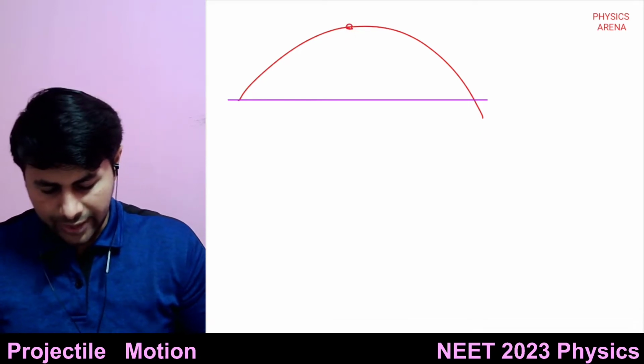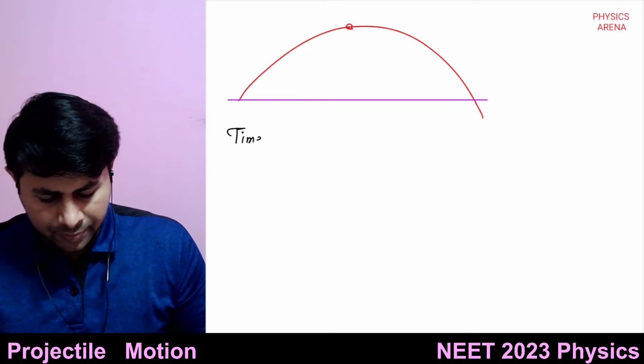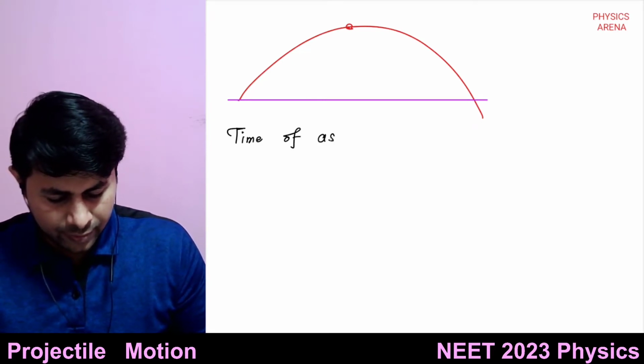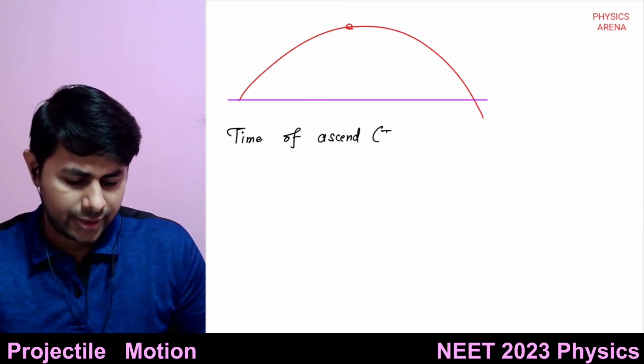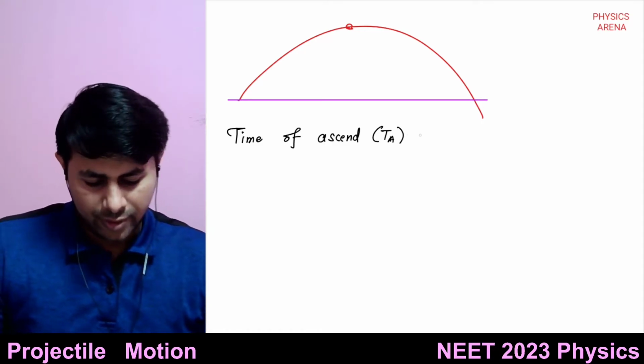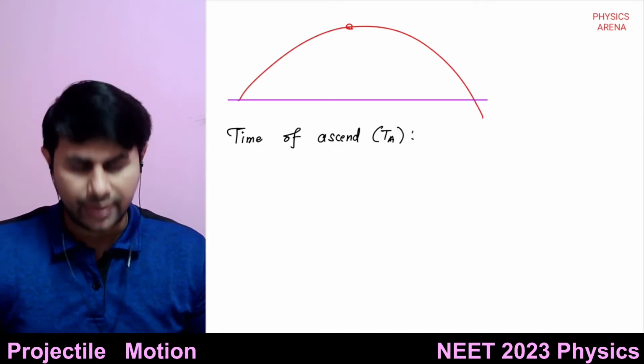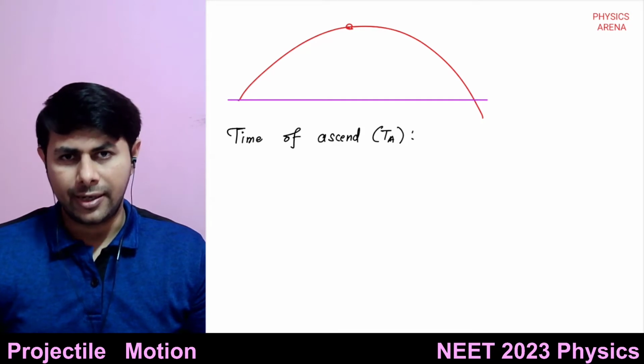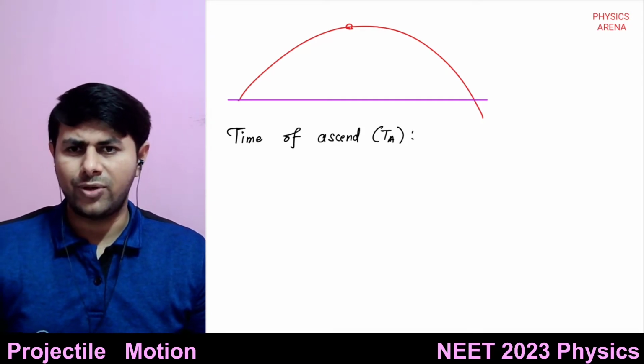Time of ascent, let's denote it by ta. This is what we have to find out. So what will happen at this time? Which component of velocity will become 0?